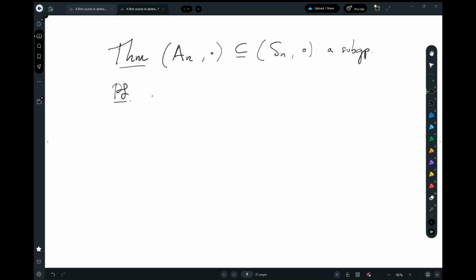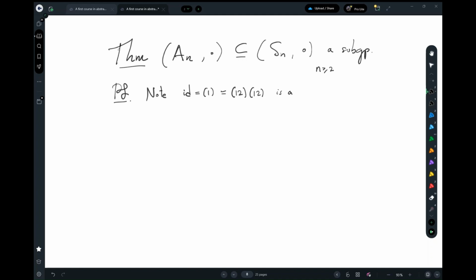I'm actually going to prove that the identity is in An. So note that the identity permutation, I can write in Sn for some n bigger or equal to 2. So there are still at least 2 elements. So I can write it as a product of transpositions as (1 2)(1 2).